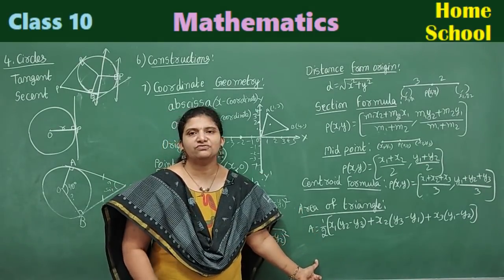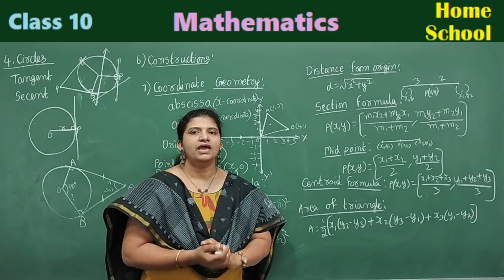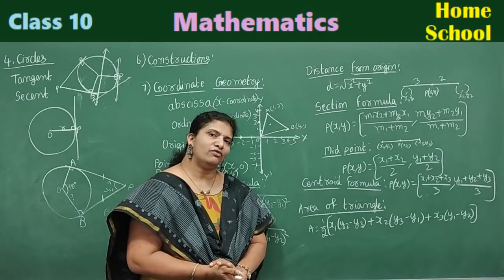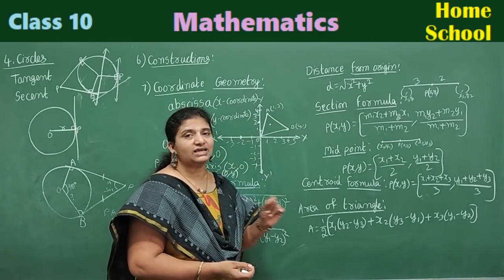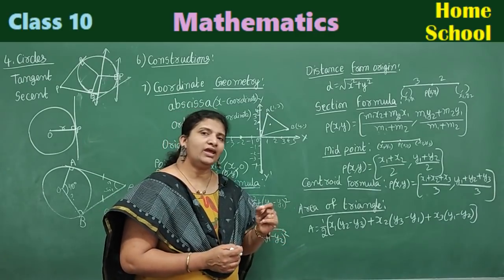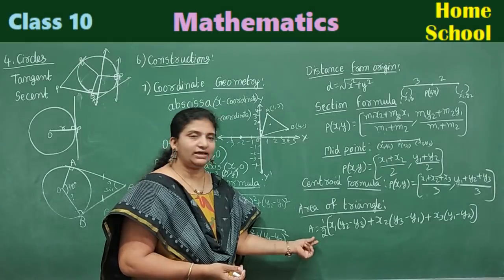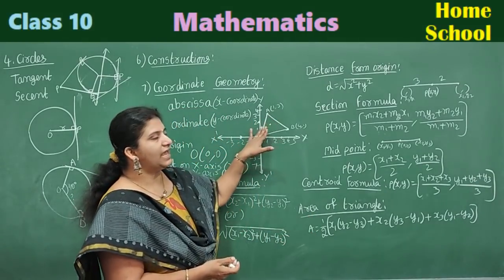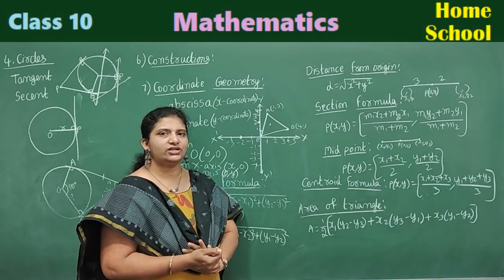Coming to your last formula, which is a very important formula in this chapter, area of triangle. Actual area of a triangle formula is half into base into height. But in this Cartesian plane, if 3 coordinates are given, what is the formula? Area of a triangle, capital A is equal to, you need to find this area. Okay, how to remember easily, children?